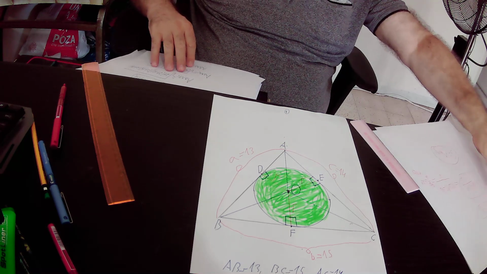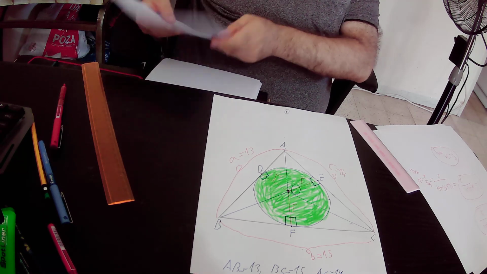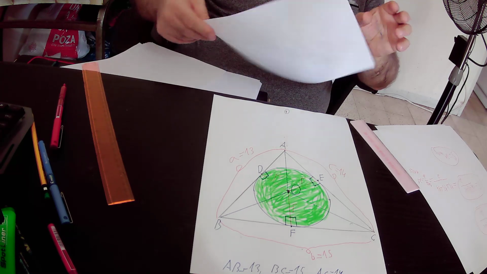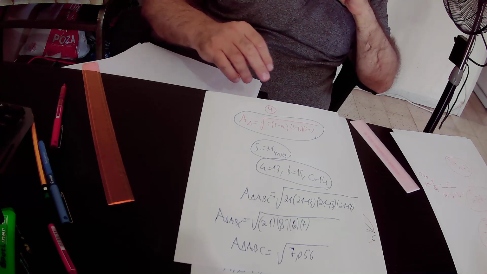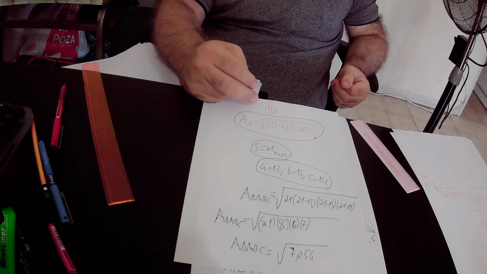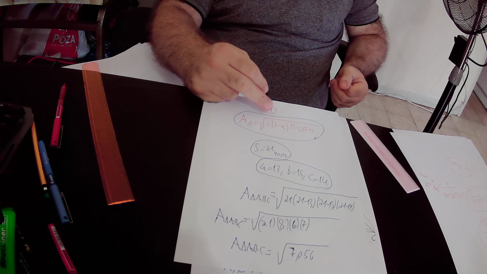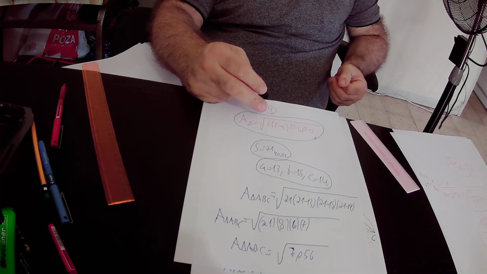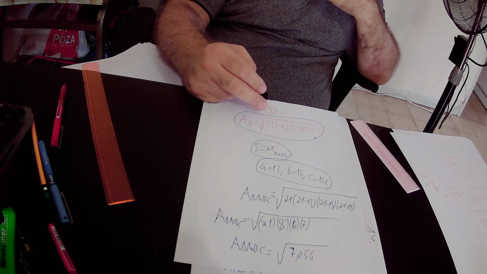And then we calculated the area of our triangle ABC by using a special formula for the area of a triangle, which states that the area of any triangle equals the root of S times S minus A times S minus B times S minus C, where S is the semi-perimeter of the triangle, and A, B, and C are the sides of the triangle.